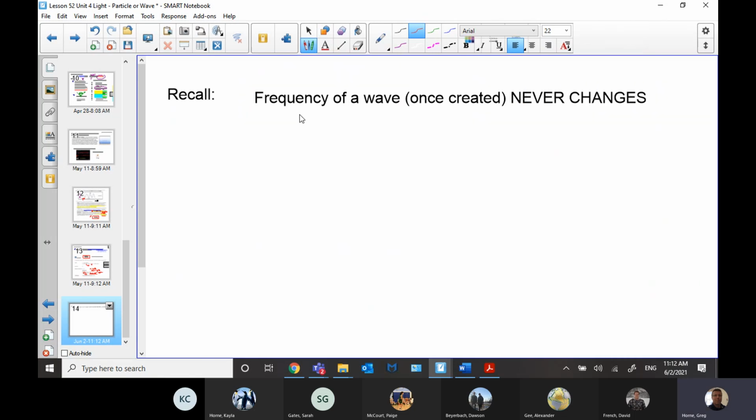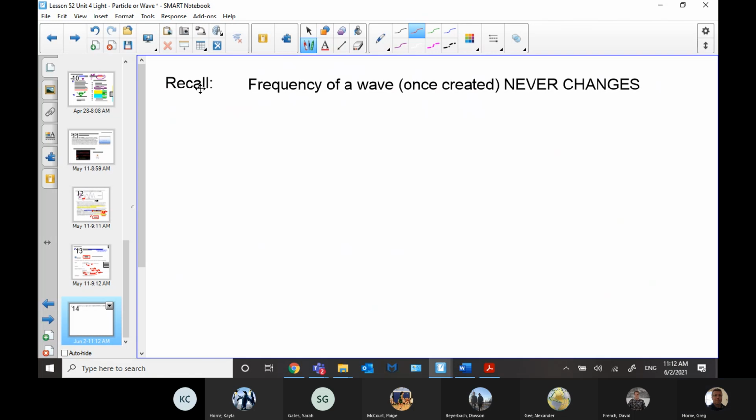So frequency of a wave once created never changes. And then I suppose we could remind you of things like frequency equals number over time, period equals time over number, just in case you need any of those calculations.